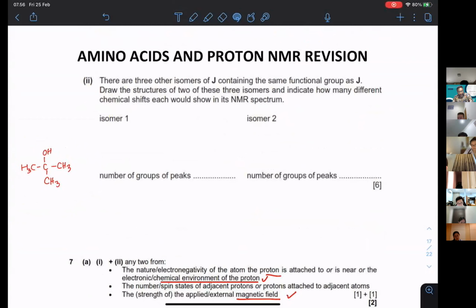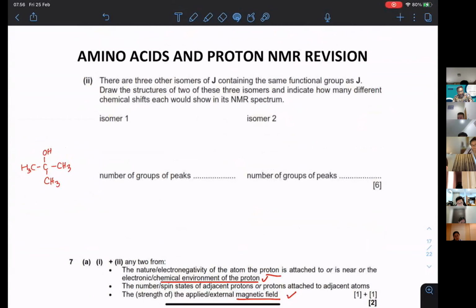Now you see they mention same functional group. Don't go and draw ketone. Don't go and change this into aldehyde. They are telling you to just focus on structural isomer. So don't go and change from alcohol over here. Don't change to something else. They just want you to draw isomer.